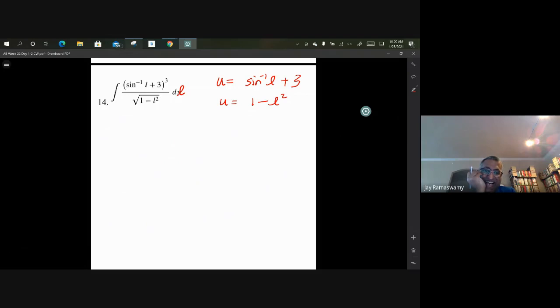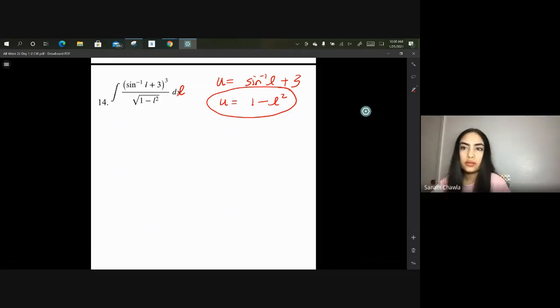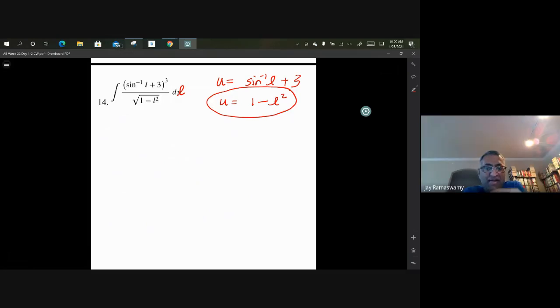On the other hand, if you make a mistake and choose u to be 1 minus L square, what's its derivative? 0 minus 2L. Do we have negative 2L somewhere here? No. That's not useful at all. The general concept is choose u so its derivative is already present somewhere along the way. So write those two down and then cross this out.